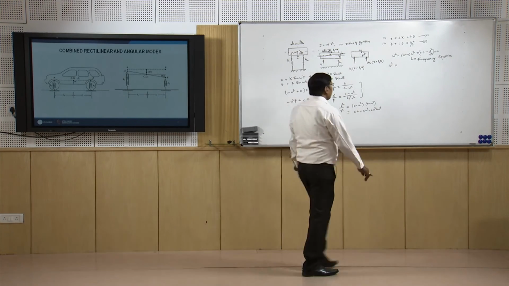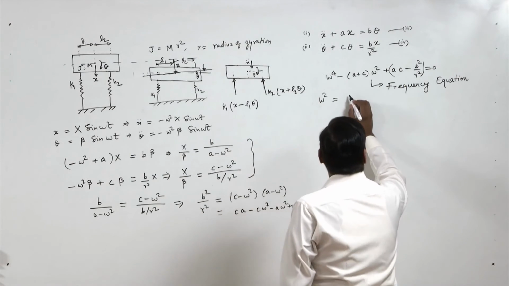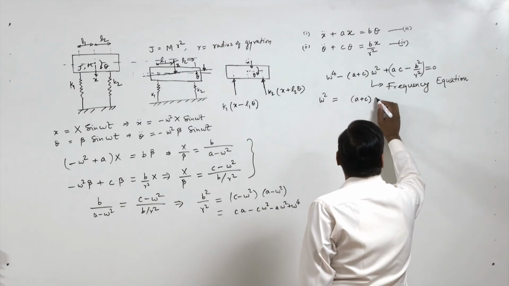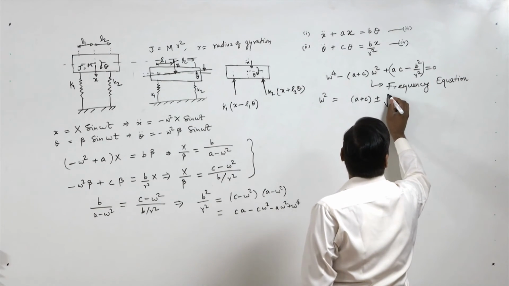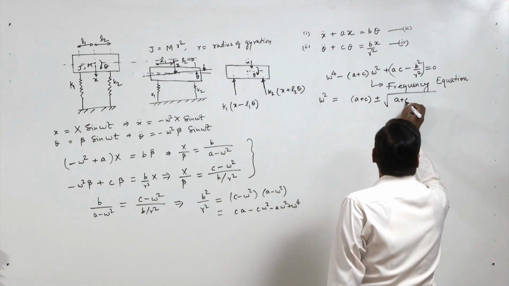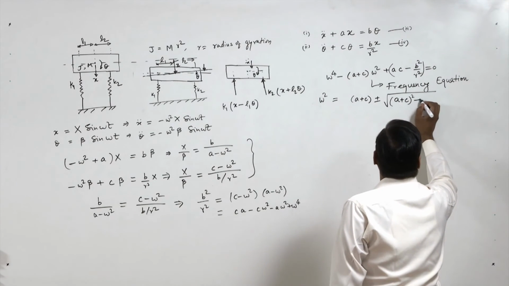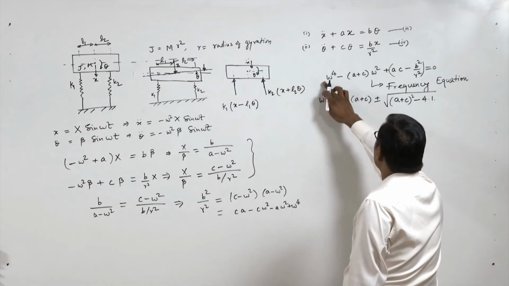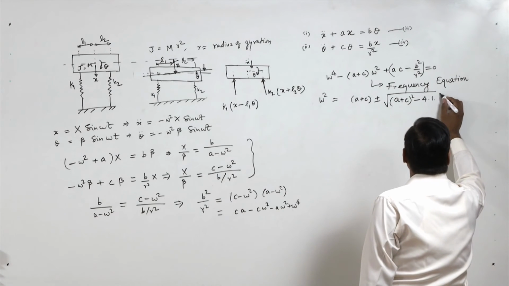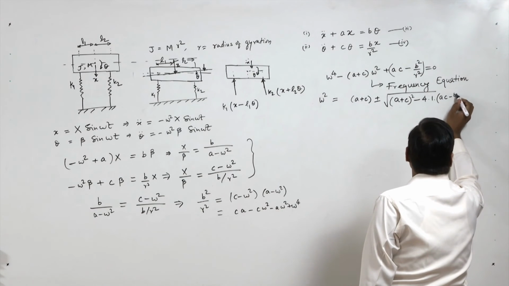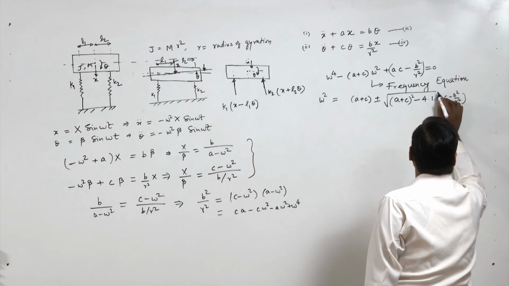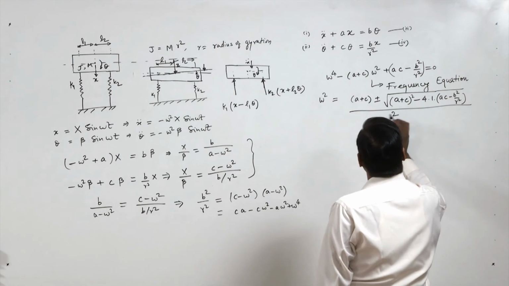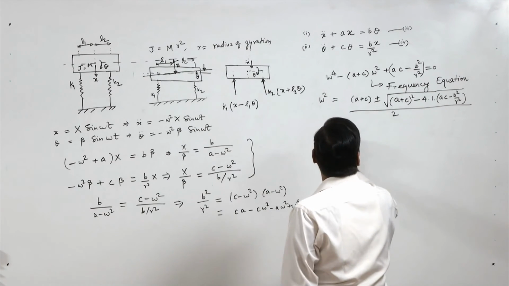So omega square equal to, so minus b, so it is a plus c plus minus under root b square minus 4 into 1, because a is 1, into c, so it is ac minus b square by r square, by 2a. So 2a, a is 1, so it is 2.